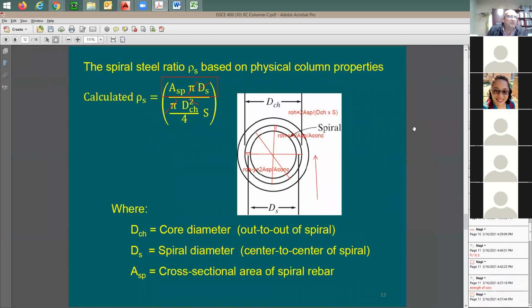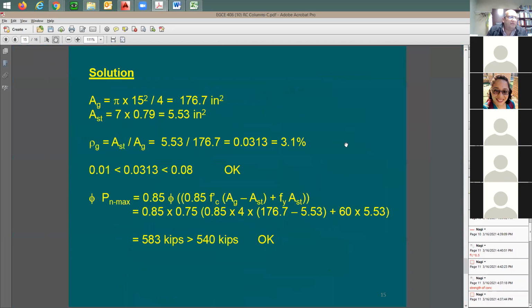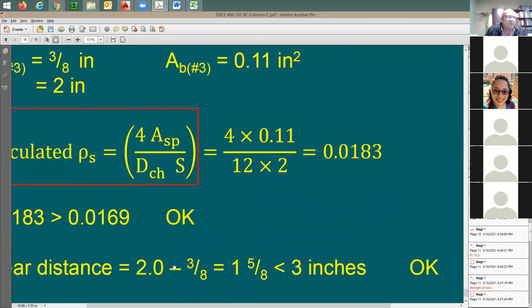This is the reason that in this equation, at the end, it shows 2 inches subtracting 3/8 of an inch, which is the diameter of the bar, you see here db. And this is good. It goes between 1 to 3 inches according to the code, meaning that yes, we're able to do it.